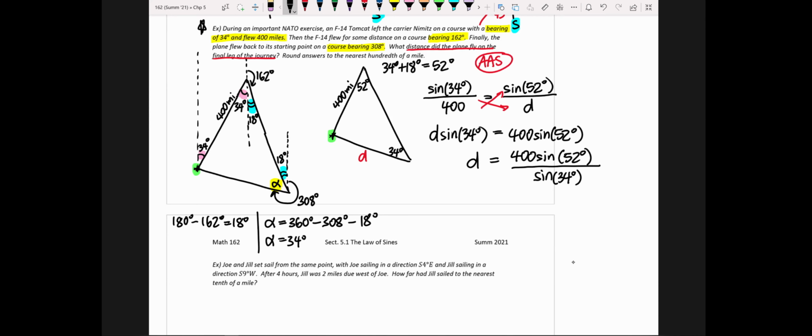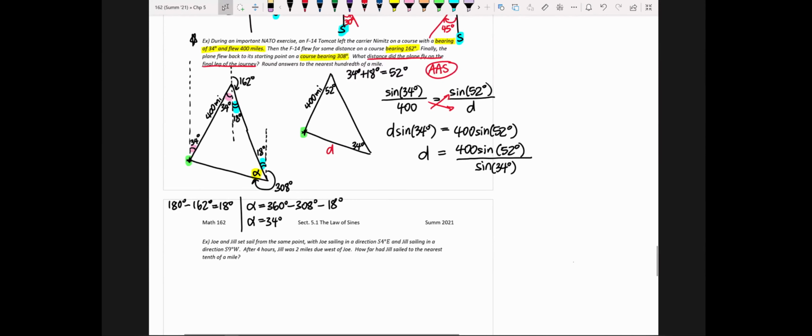The plane flew a further distance in that final leg than in the first leg. And we can see that from the info given. Okay, share your D value, and it says round to the nearest hundredth of a mile. We'll just make a note here. Our calculator is in degree mode.